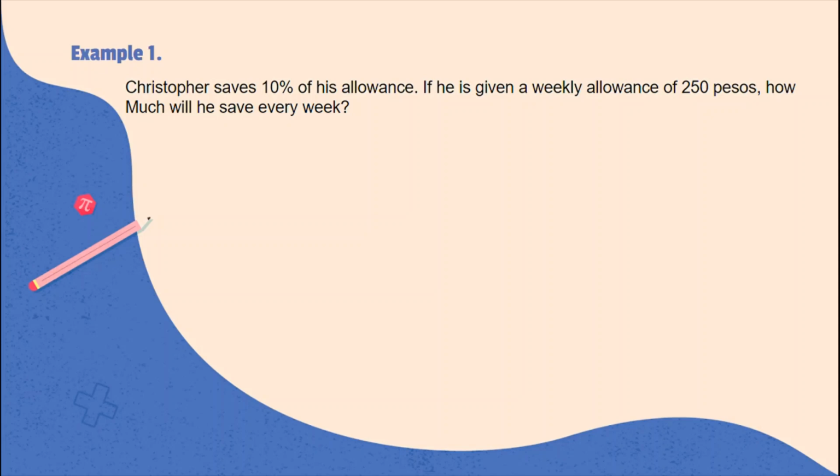Christopher saves 10% of his allowance. If he is given a weekly allowance of 250 pesos, how much will he save every week? Now, for our solution, we are going to use the percentage formula.